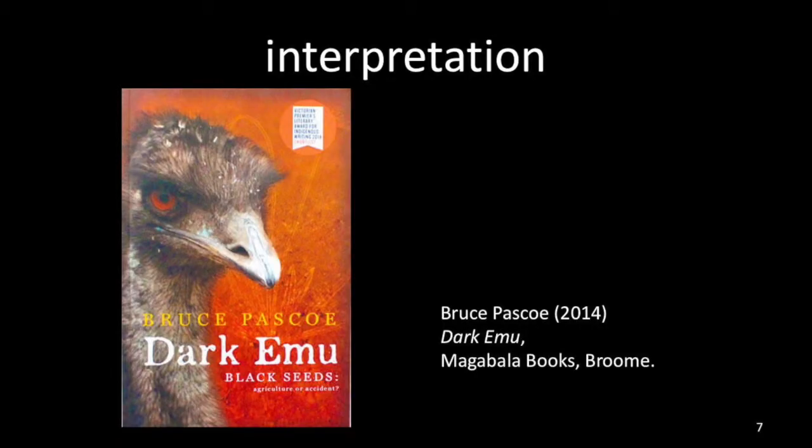What all this draws us to is an understanding that all histories are interpretations. And I thought it would be interesting just to think about the way that history changes just by focusing on two books. One quite recent, Dark Emu by Bruce Pascoe, is a rereading of explorers' narratives and journals.